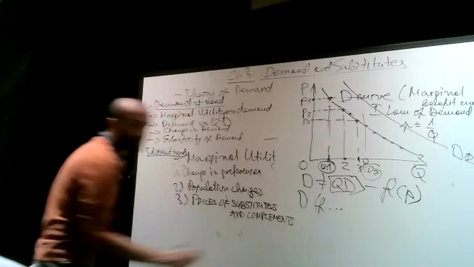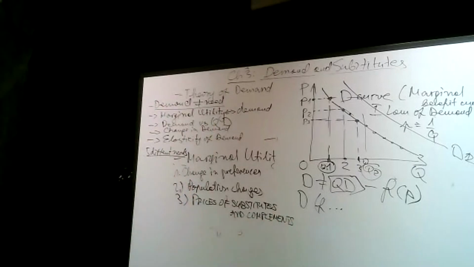So what are substitutes? Substitutes are goods that could be used to satisfy the same consumer needs. Complements are goods that are always consumed in tandem, together: bread and butter, golf clubs and golf balls, and so on. How do the prices of substitutes influence the demand for their substitutes?